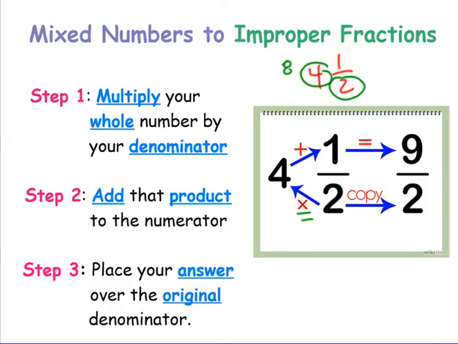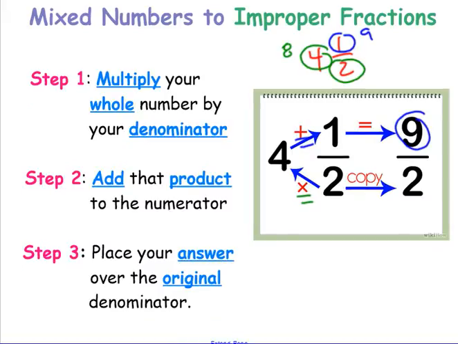So the numerator is the 1 up here. So you're going to take that 8 and add it to the 1. Here's the plus sign right here. So 8 plus 1 is 9. And look at that, here is your 9. Now, that 9 has become your new numerator.